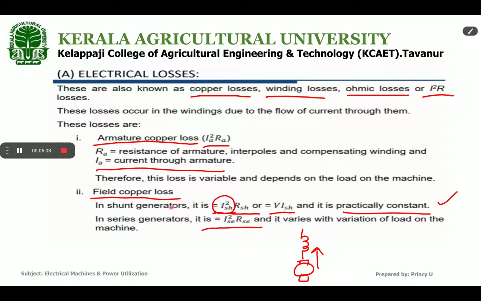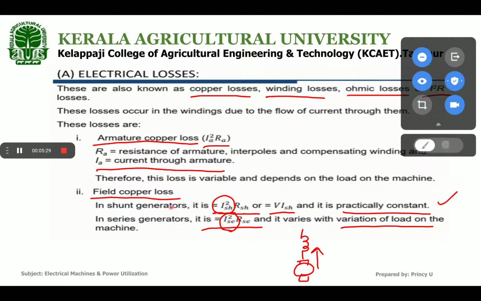Armature current is a variable current, so series current is also variable based on our load. So I series is a variable term, so it's a variable loss. So shunt field copper loss is a constant loss, but series field copper loss is a variable loss. Okay.